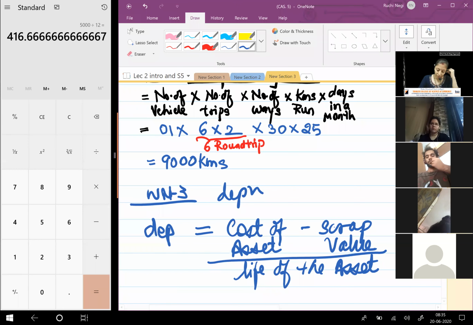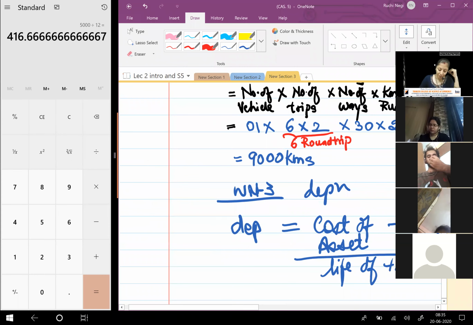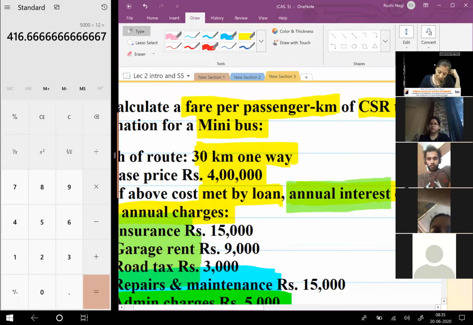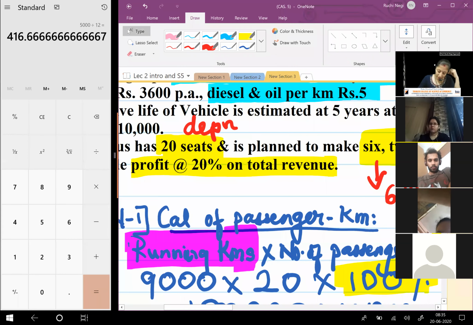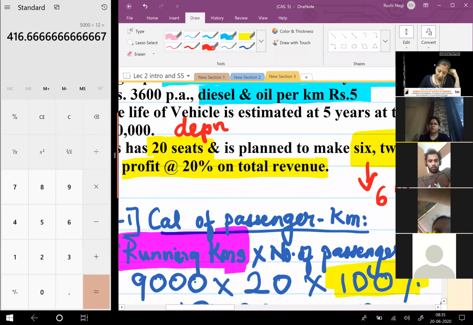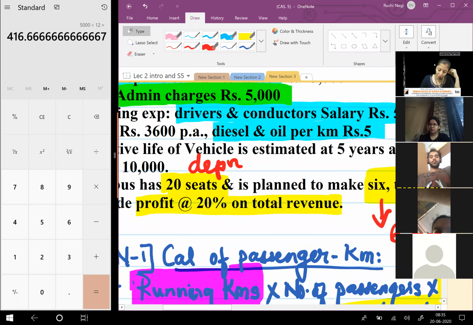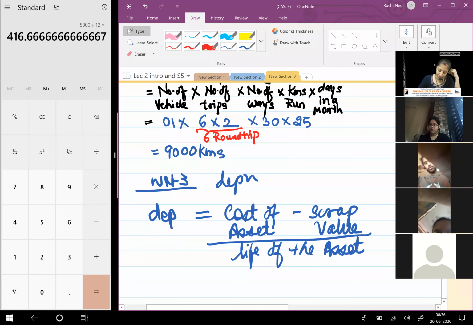So let us see what is this cost of the asset. What did he buy it for, what loan did he take? 4 lakhs. So 4 lakhs is the cost of the asset, the purchase price. And what is the scrap value? Scrap value is 10,000 rupees and 5 years is the estimated life of the asset. So we will substitute these values here.